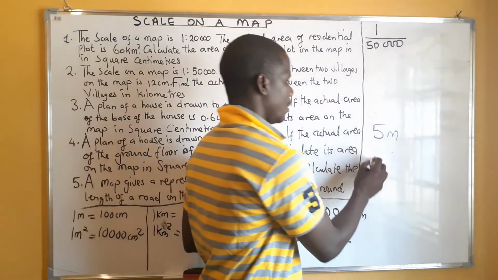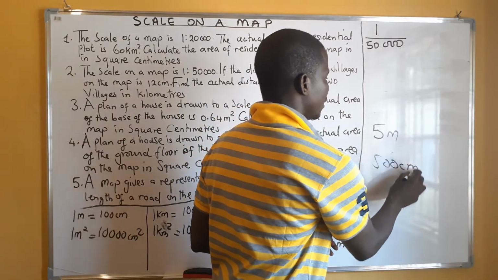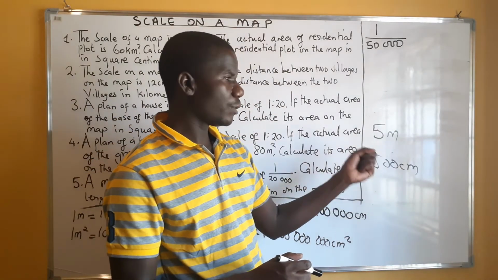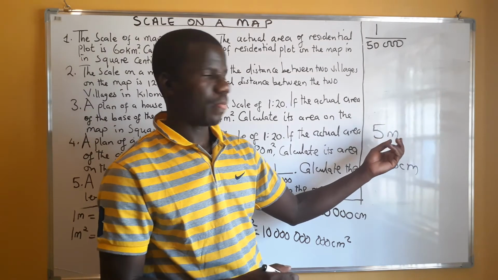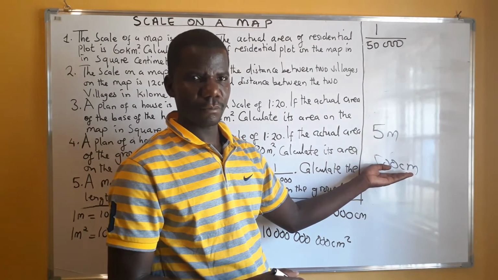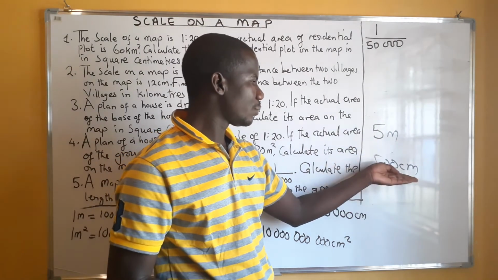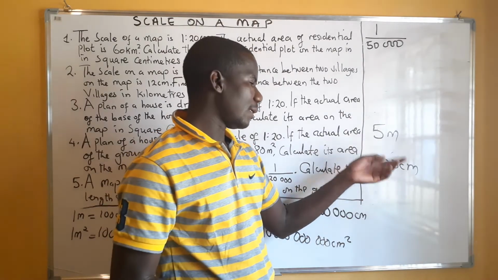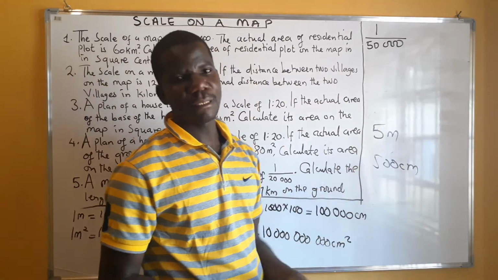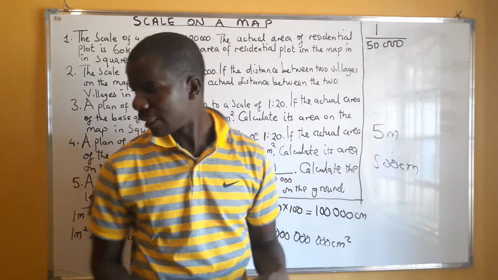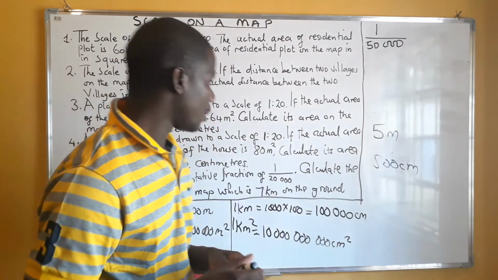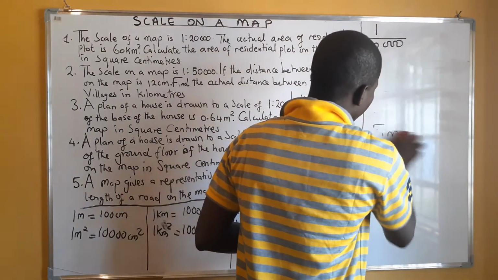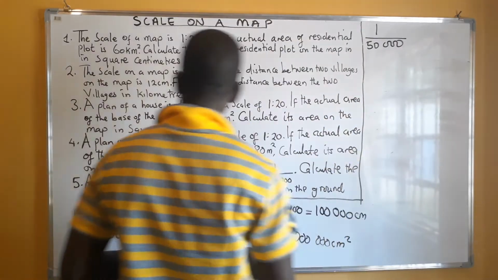That will give you 500 centimeters. Now, if you are coming from centimeters, which is a smaller unit, to a bigger unit, which is meters, you need to divide. It's as simple as that. You divide by the number of centimeters that are there in 1 meter, which is 100, and it will take us back to that one. That is the process that we need to keep repeating. Okay, so let's proceed to the second one.